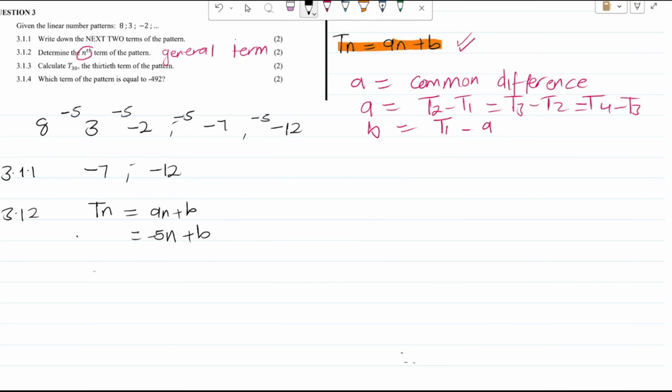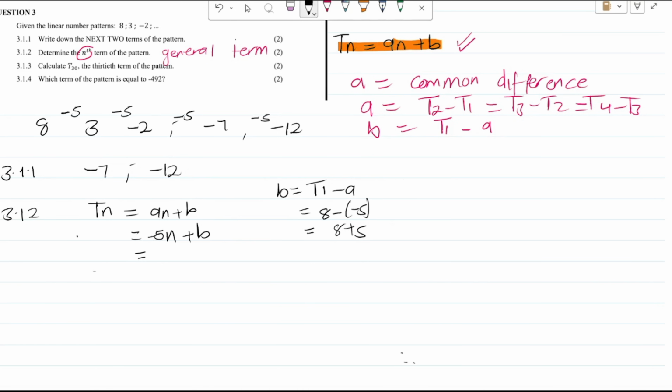But we have a way of finding b, right? If we say b is equal to t1 minus a, we're going to have 8 minus (-5). Then we know that this is 8 plus 5, which would be 13.